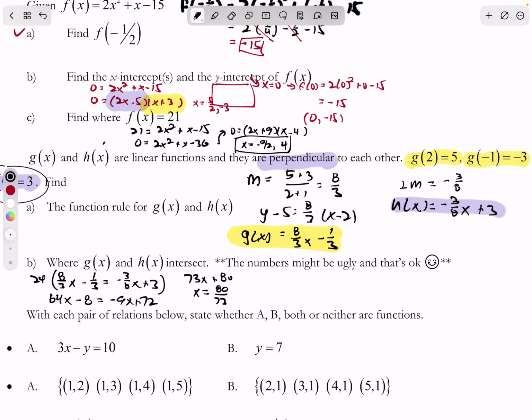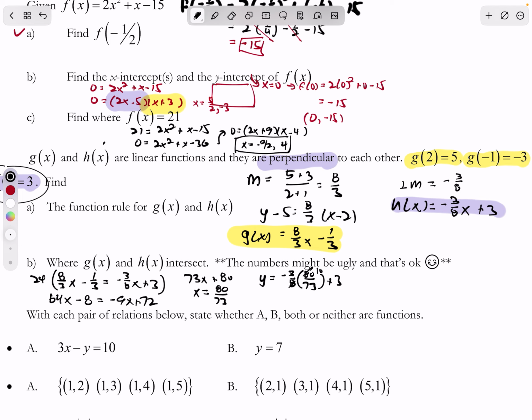It's fewer fractions. So I'm going to say y equals negative 3/8 times x plus 3. Well, 80 over 8 is 10. So what's that?